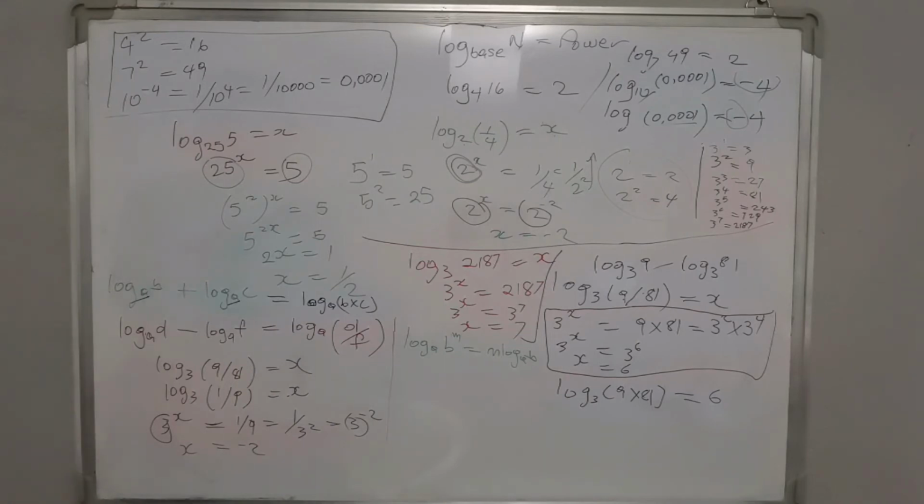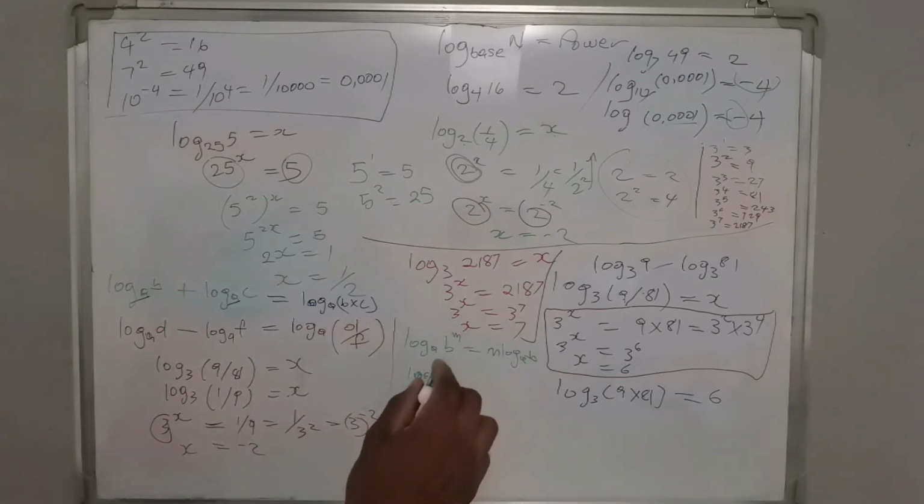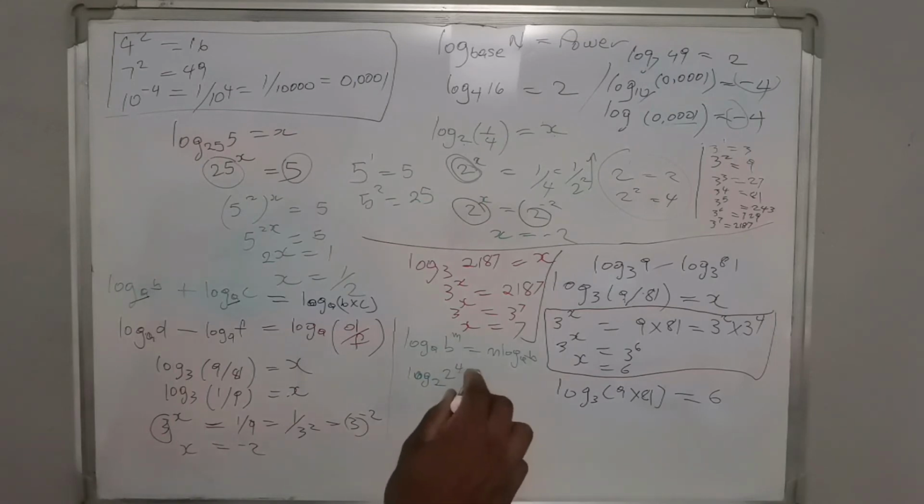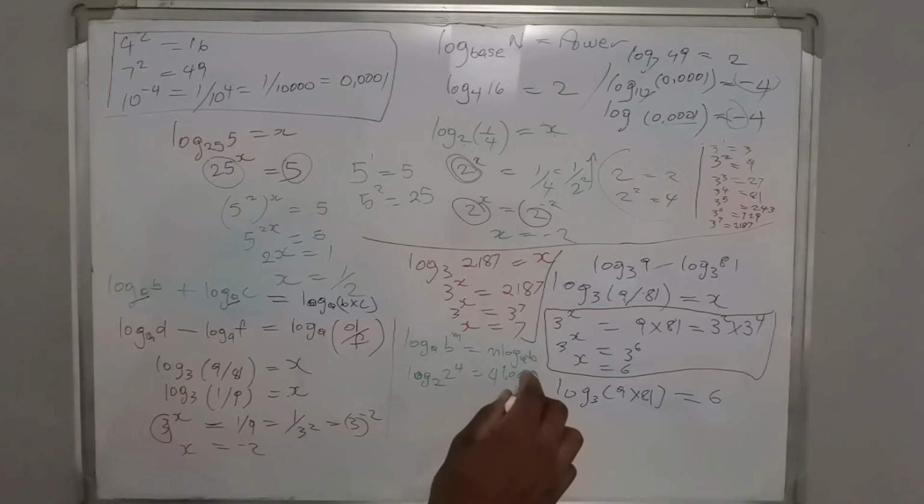So lokhu kuyasisiza ezimeni ezinjengalapho mhlawumbe kuthiwa asisolve log... let's say we are to solve, okay, as add enye rule ezosiza noma siqhubeke nale. This tells us ukuthi if singaba no log 2 raised to 4, this would be 4 raised to log 2 to the base of 2 and 2.